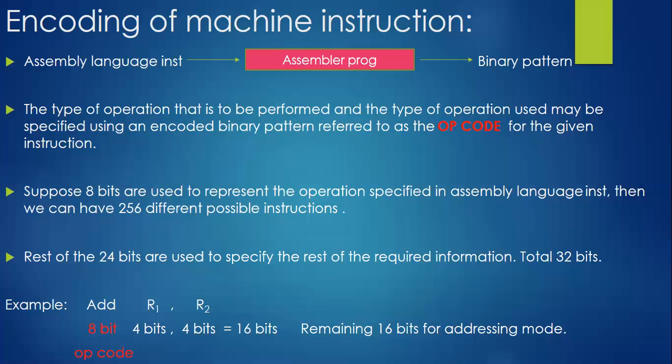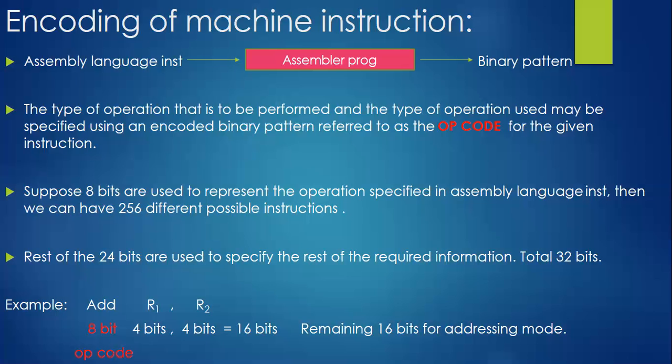For that, the assembler program generates a code called the opcode. By reading that opcode, your system will understand that it needs to perform the addition.